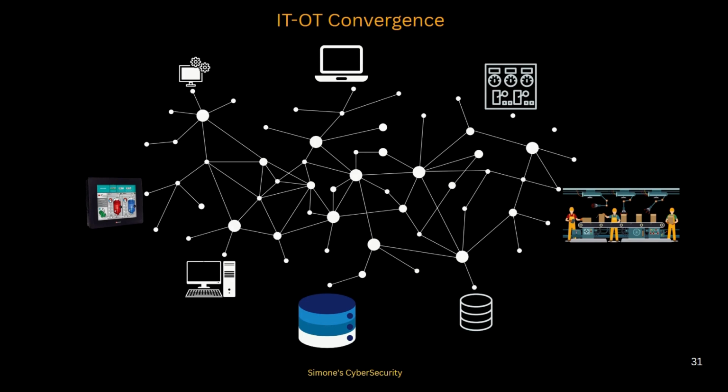So, how do we start approaching this segmentation? The first step is to understand what a typical IT network looks like, what a typical OT network looks like, its design, its communication flows, and the type of devices that exist there and the communication traffic that they initiate.